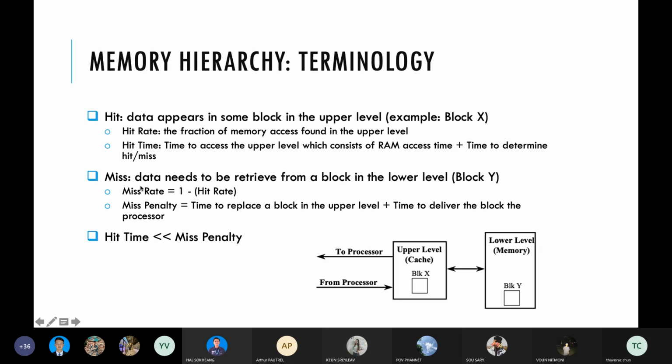And the same thing for the miss. If the CPU makes 10 requests and it cannot find 5 requests, the miss rate is 50%. And if you apply the formula here, you can say 1 minus hit rate. Okay, 1 here refers to 100%. So if the hit rate is 50%, the miss rate is 50%.